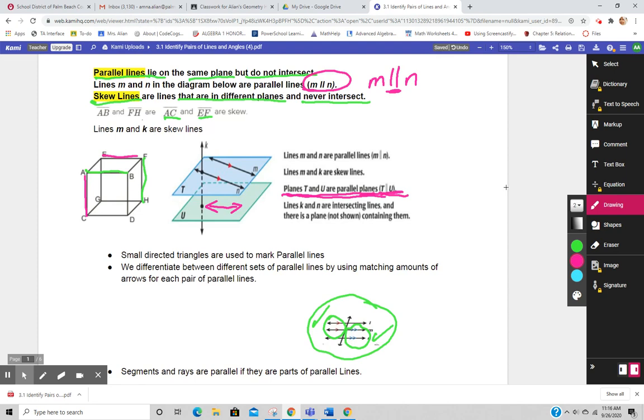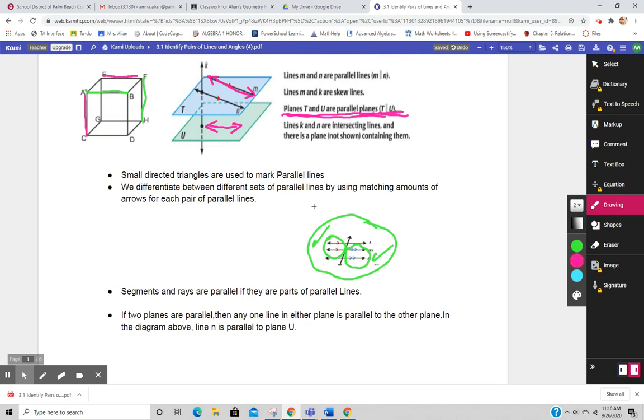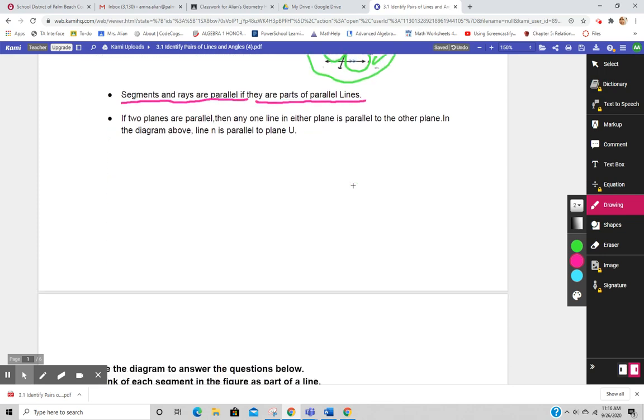If I draw, well, this line here is in plane T. Line M is parallel to plane U. So any line you can draw in one plane will be parallel to the other plane because the planes are parallel to each other. Okay, you should also know that segments and rays are parallel if they are part of parallel lines. So if they lie on parallel lines, those segments and rays are also parallel.